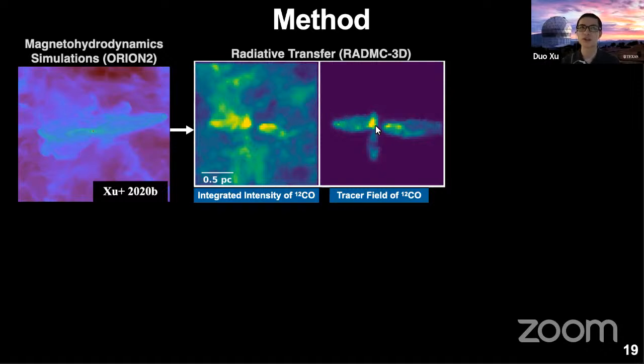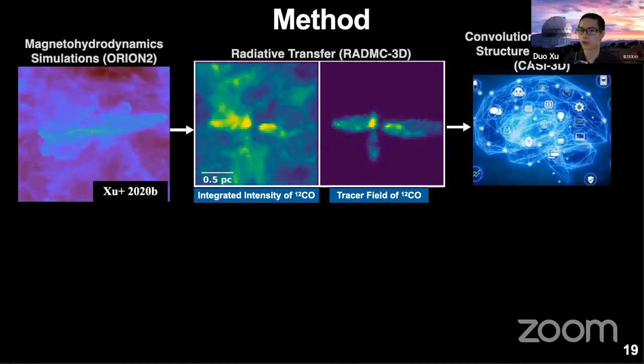This is the tracer field. We also conduct synthetic observation of the mask where there is only feedback. So the input is the 12CO emission, and the output will give us the mask where the feedback is. Then we train the algorithm with this input data.